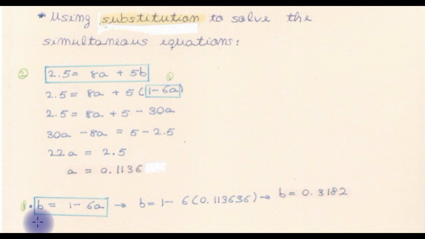Let's substitute the value of a into the equation. b equals 1 minus 6 times 0.113636, meaning that b equals 0.3182 to 4 decimal places.